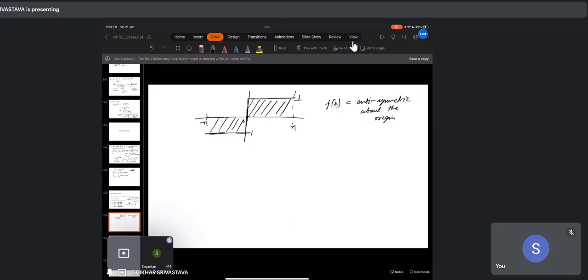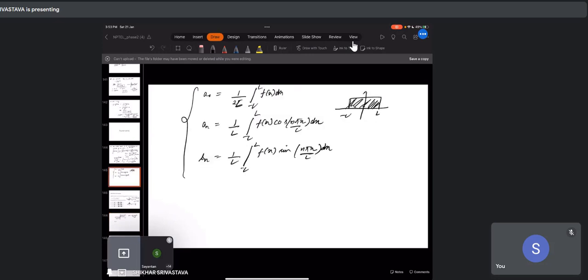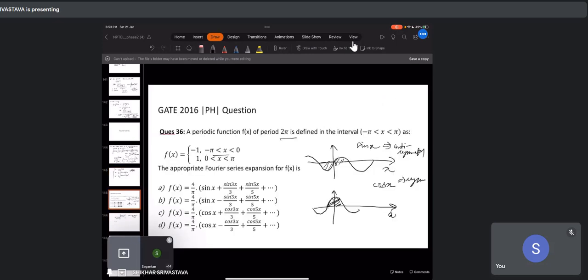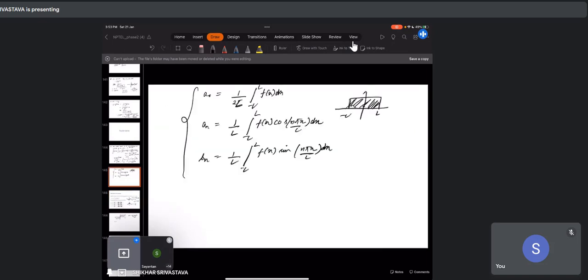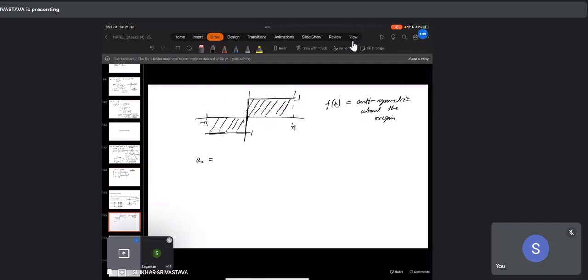So if you find this integral a naught, what you will do is, in this formula, just replace L with pi. So your a naught will become 1 upon 2 pi, integral from minus pi to pi of f(x) dx.